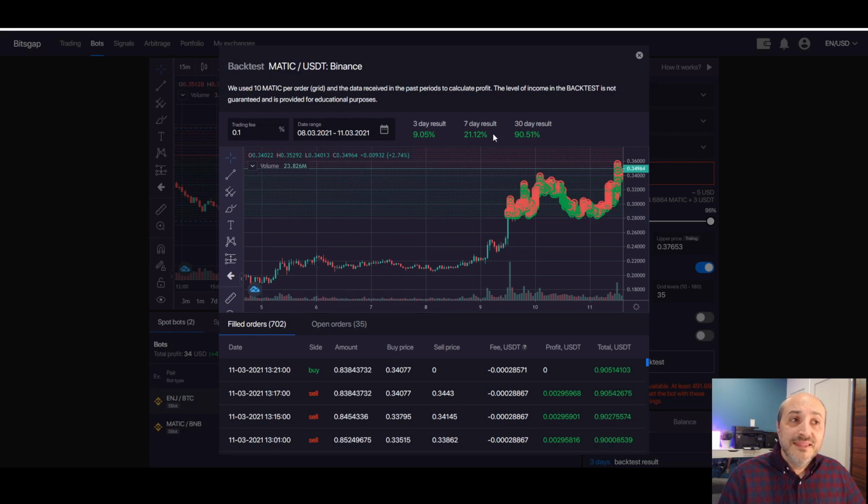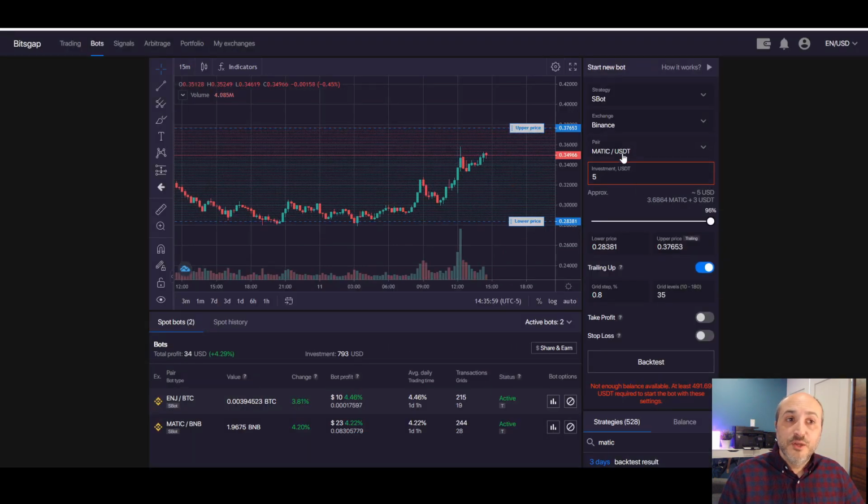In 30 days, you would get 90% profit on your USDT, because for this example, we're using USDT as the quote currency. So if we start that trade, it will activate right here, and then the bot will start trading automatically.